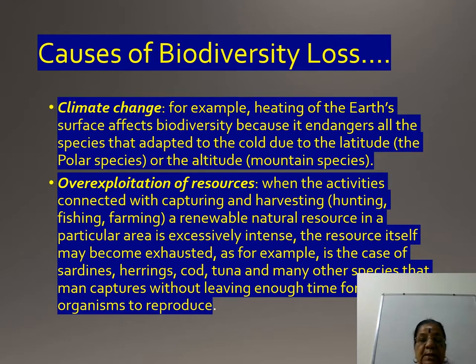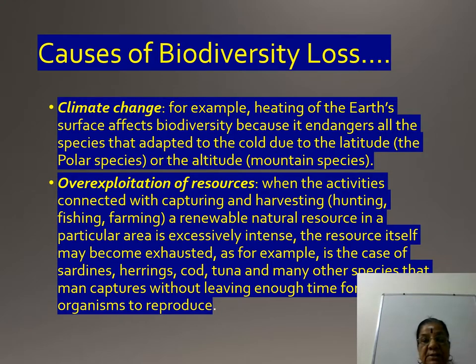As for example, sardines, herring, cod, fish, and many other species that man captures without leaving enough time for them to reproduce. In the type of fish farming, actually even our Tamil Nadu has the fishing ban period, for the breeding season. The fishermen are not allowed to go to the sea for fishing. It is called the fishing ban period, because the fishes should be allowed to breed in the breeding season.